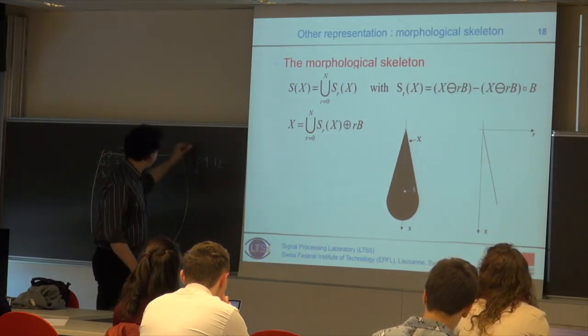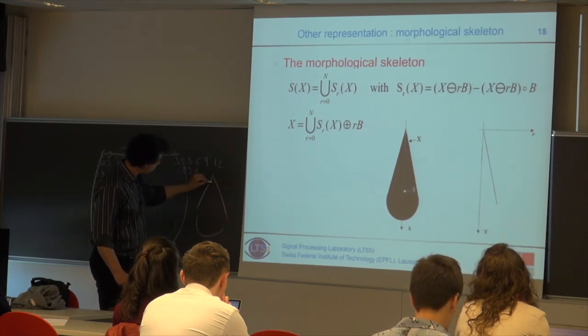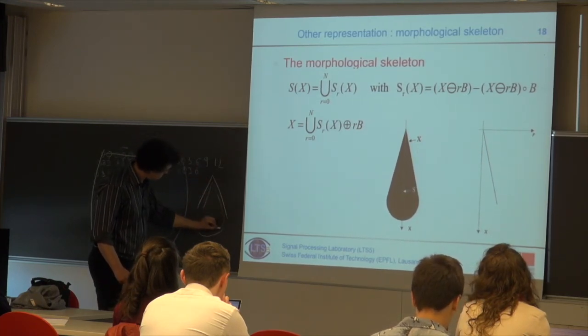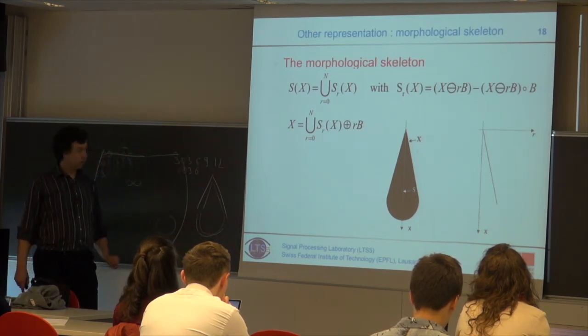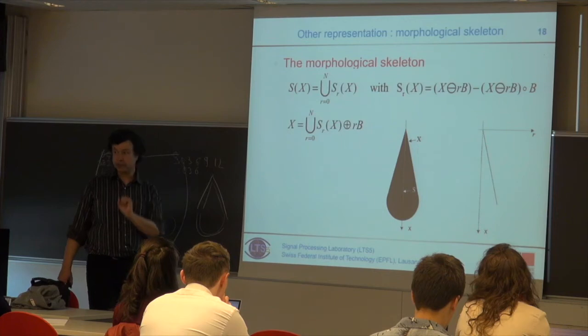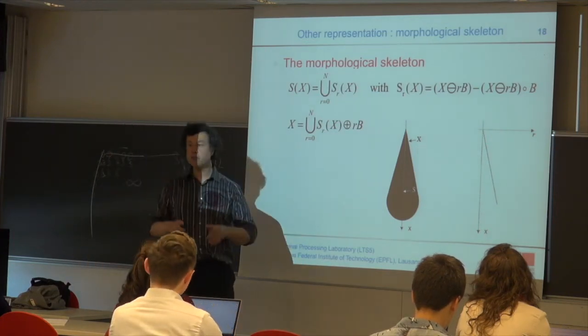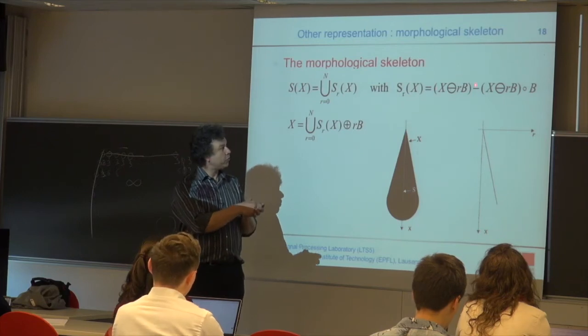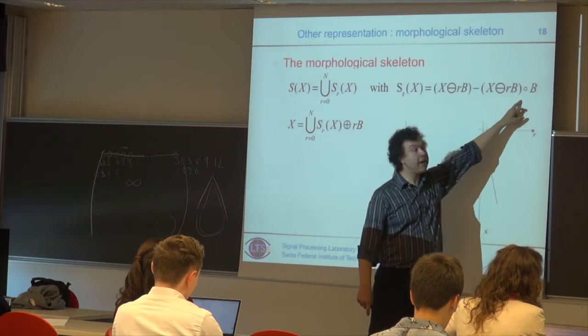But if I have this, and I erode it, I have this. Sure. And there is a tip. Sharp tip. So, I know what this is. This is the same object, a little bit smaller. And I have to do the difference between that and the same opened by b.